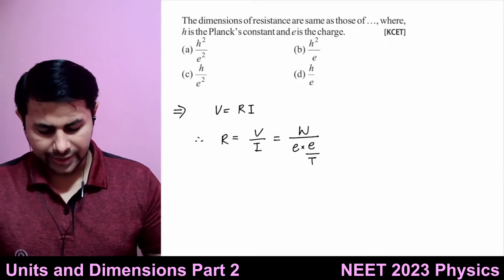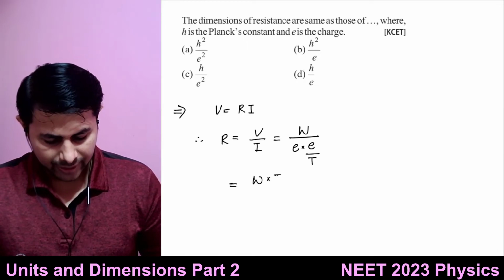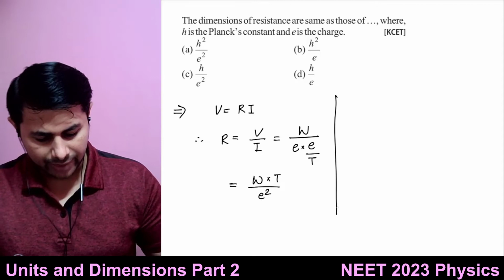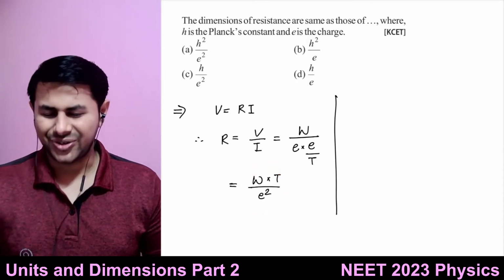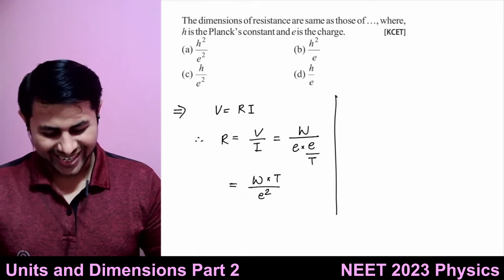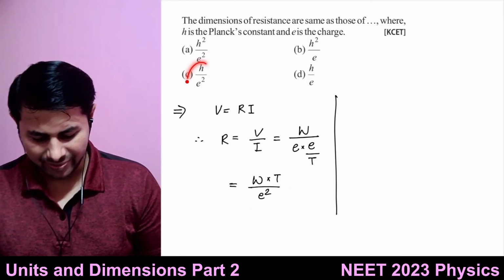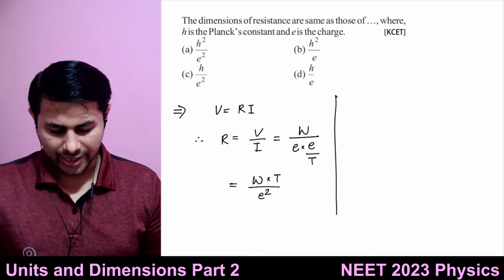Now you can take that time in the numerator, so you get work done or energy multiplied by time divided by e square. And now we want the dimensions. These are the dimensions of resistance, and we want to match it with something from here. So which one would be the answer?